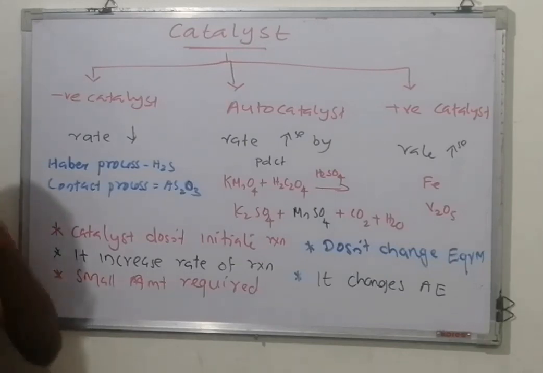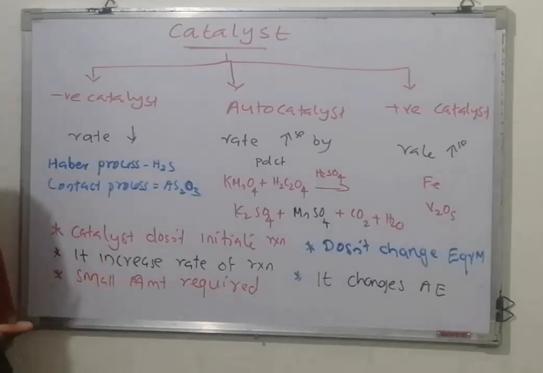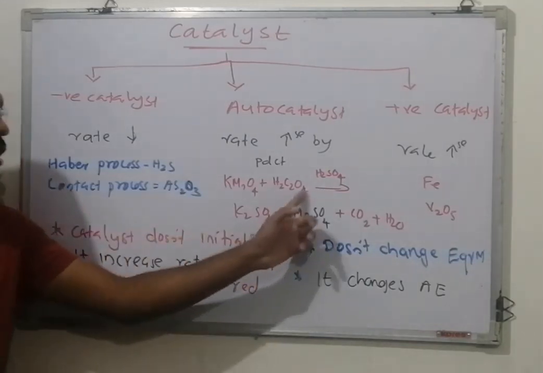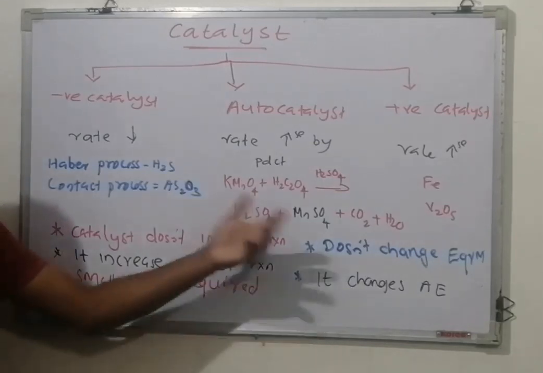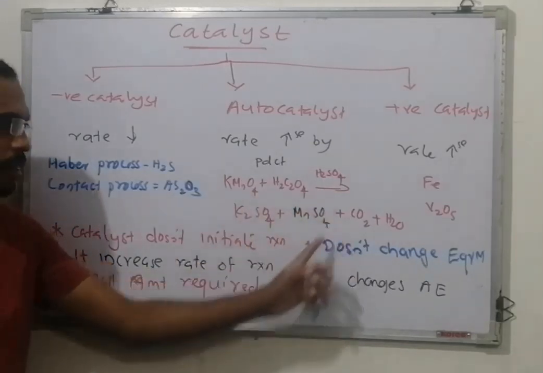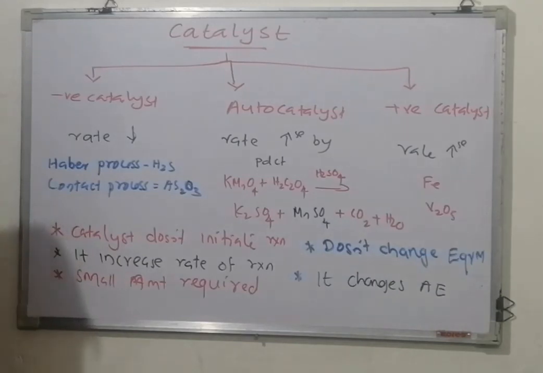But when the reaction proceeds, towards the end point, you will notice that even a single drop of oxalic acid will have great color change. This is because of MnSO4, one of the products, which will act as the autocatalyst.